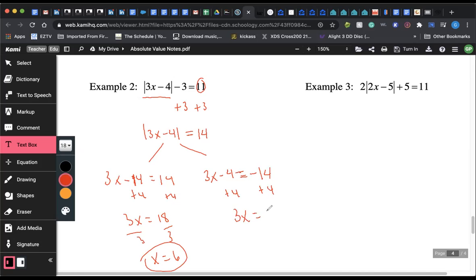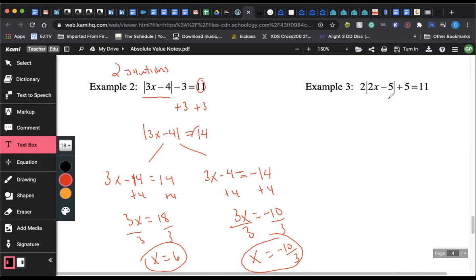So then it's 3x is equal to negative 10. Divide both sides by 3. And now x is equal to negative 10 over 3 is the other answer. So I'm going to have 2 answers, right? There's 2 solutions whenever I have this set up where the absolute value is equal to a positive number. I always have 2 solutions. That's it.